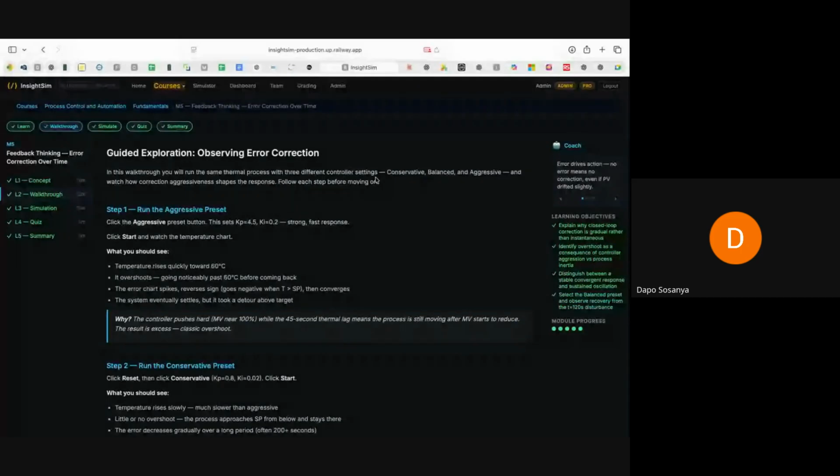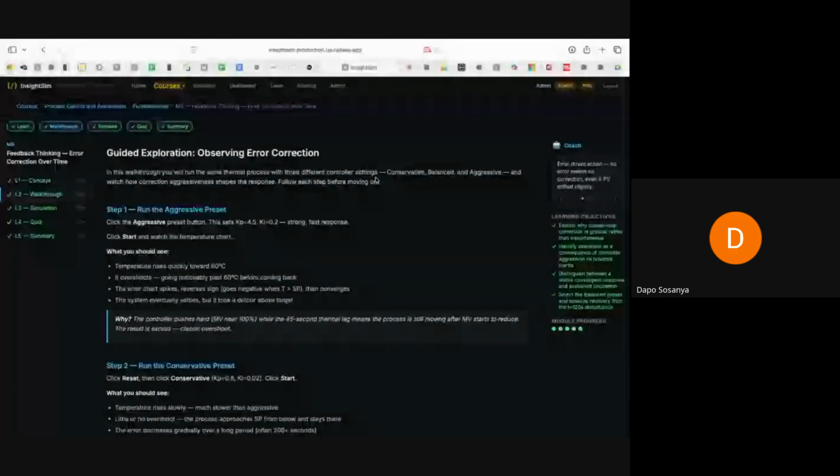The controller settings essentially are the values your P, your I, and your D take. That is what we call the controller tuning, right? When you select values for your proportional term, your integral, and your derivative term.